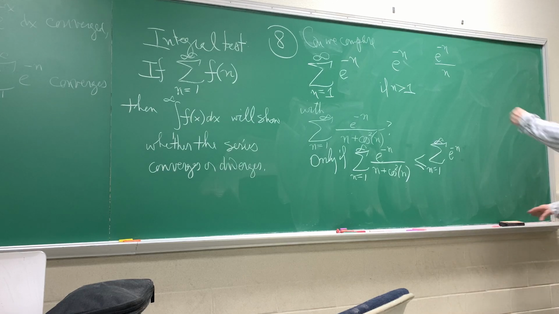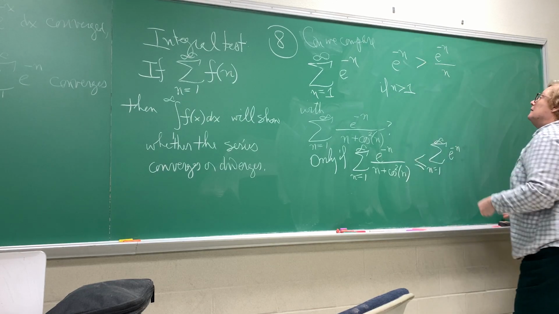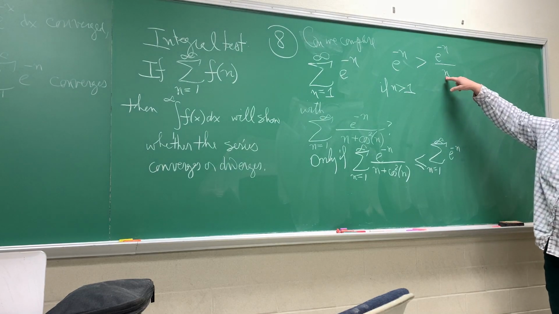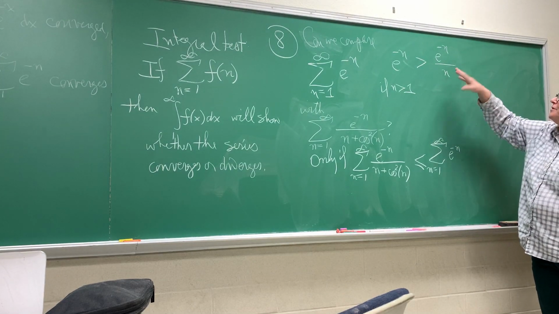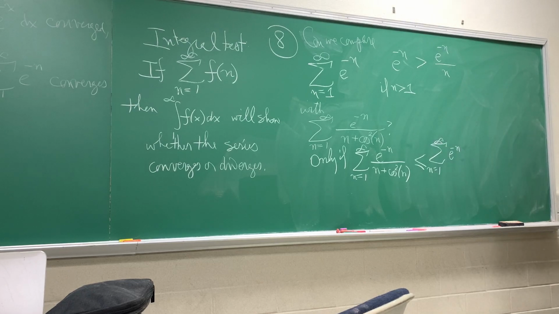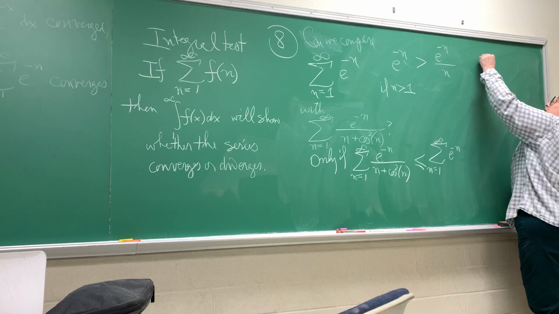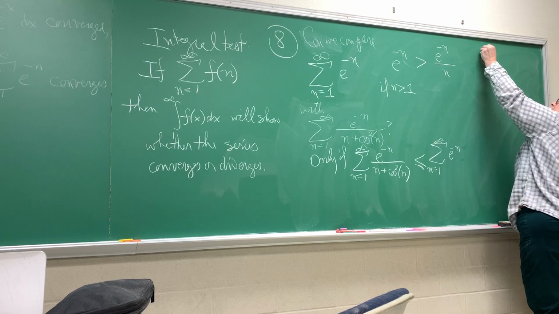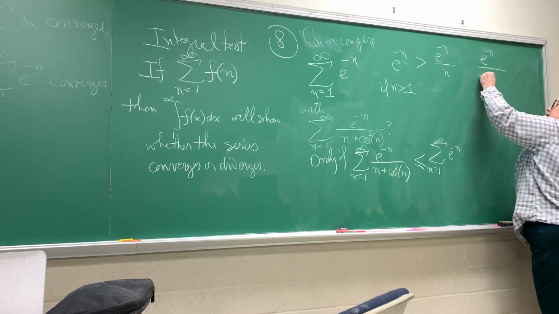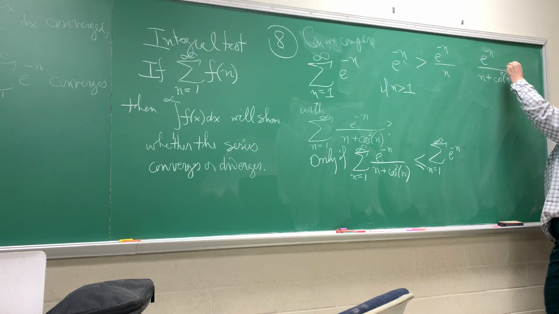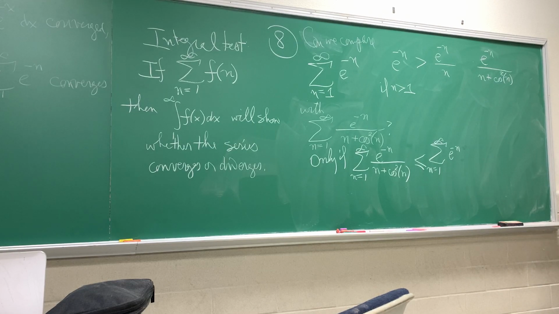That's right. Good. And that's because we're starting with n equals 2, 3, 4. As long as I'm adding something positive and bigger than 1 to the denominator, I'm getting smaller. How would we compare then e to the negative n divided by n plus cosine squared of n? So can we continue the same direction of inequality?